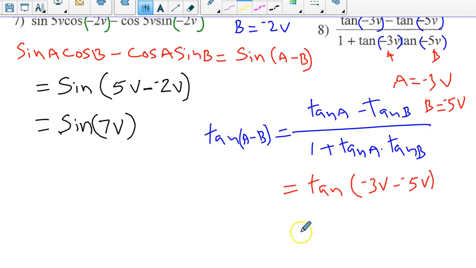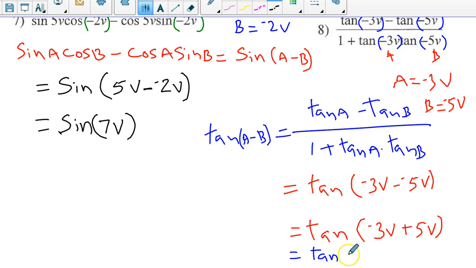Simplify to get tan negative 3v, negative of negative plus 5v, to give the end result as tan negative 3v plus 5v is 2v, right? That's your answer. Okay, thank you.